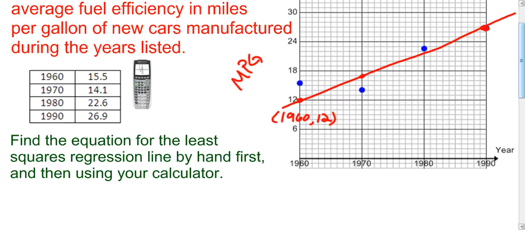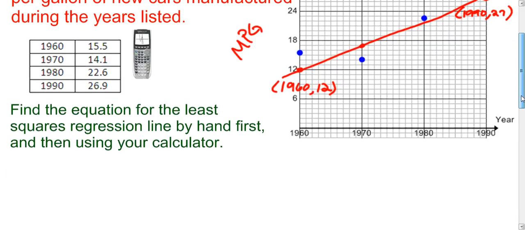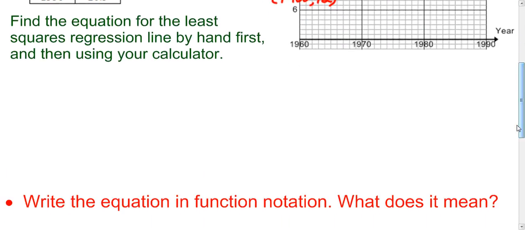Or I could do this one, which is the year 1990 and 27, it looks like. Okay, so I'm just going to use those 2 points. You could pick any ones you want. It doesn't matter. So 1960 and 12, and 1990 and 27.